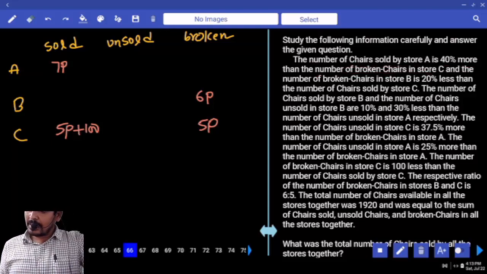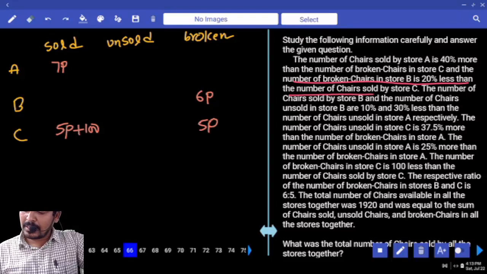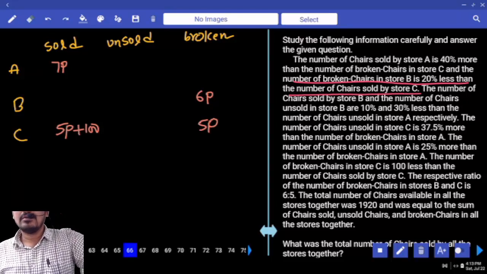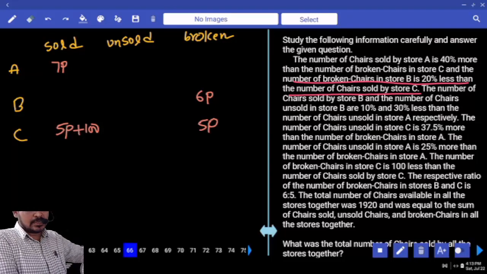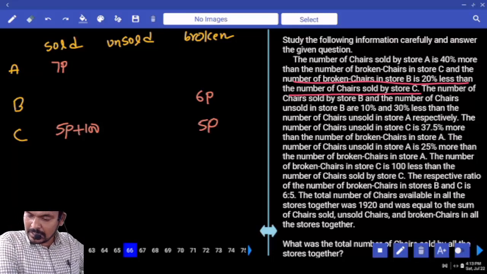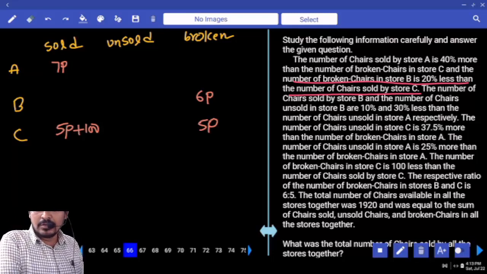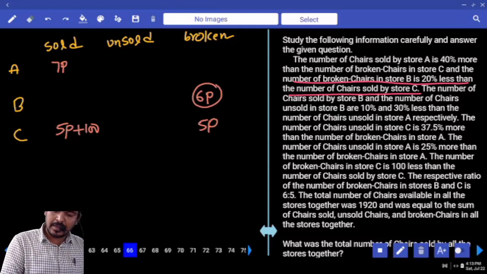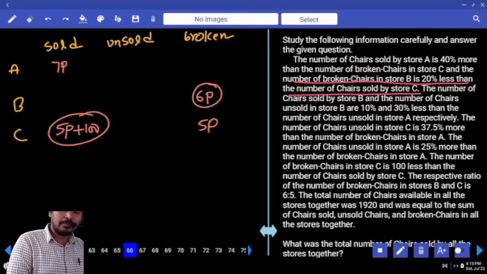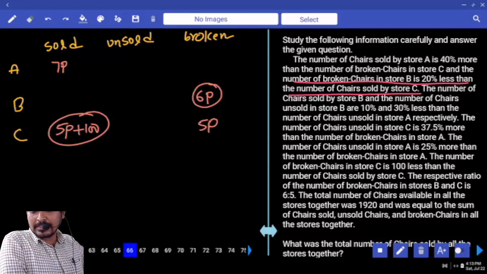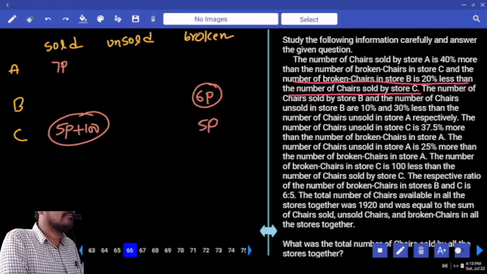Next, what is the next line? The number of broken chairs in store B is 20% less than the number of chairs sold by store C. Broken in store B is 20% less than the chairs sold by store C. Means 6 parts value compared to 5 parts plus 100. How much percent is lesser? 20% lesser.